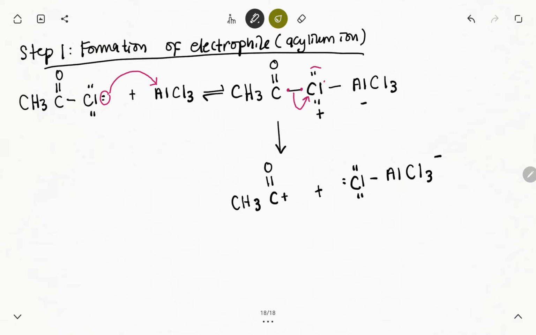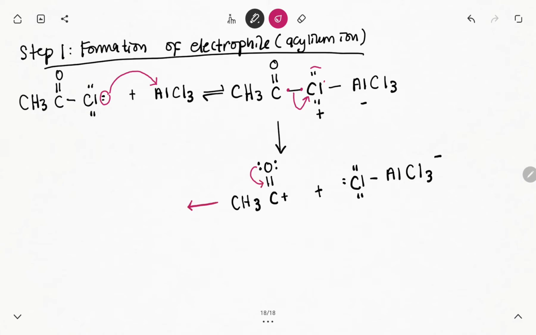Remember, the acylium ion has a resonance structure. This resonance forms an alternation, which is the electron distribution inside the molecule. So the resonance of the acylium ion occurs. One of the lone pairs at the oxygen will form a covalent bond.